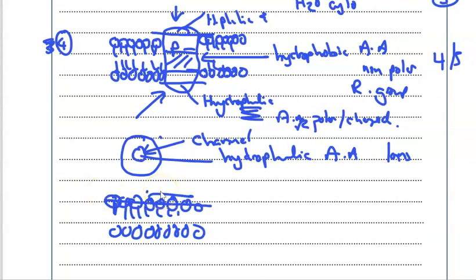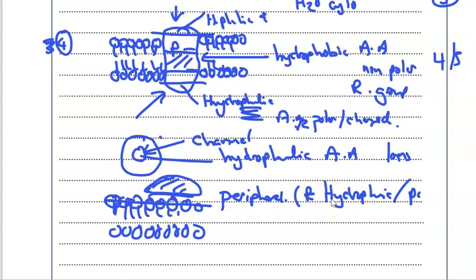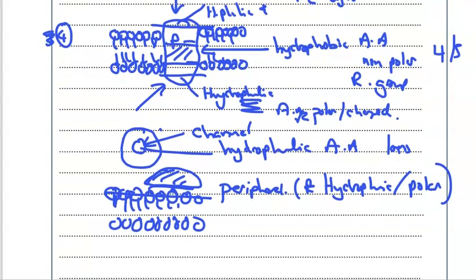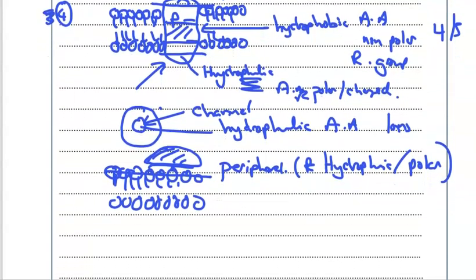Remember, we have proteins which sit entirely on the outside of the membrane, the peripheral proteins, and in this case, these peripheral proteins, they would be hydrophilic, or perhaps you might prefer to call them polar, that they don't take part in the central region of the cell membrane at all. So I think by now we're probably up to around about 6 and 7 marks.